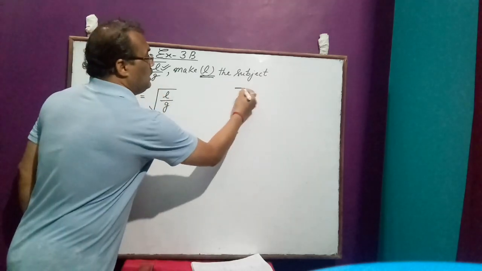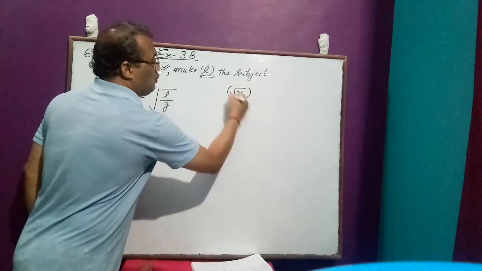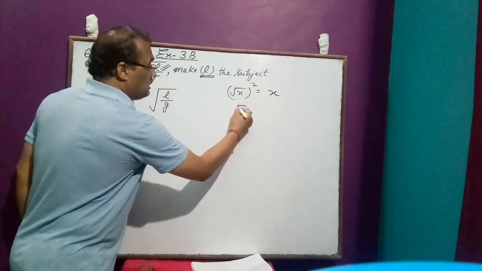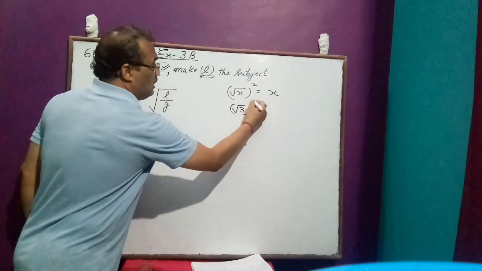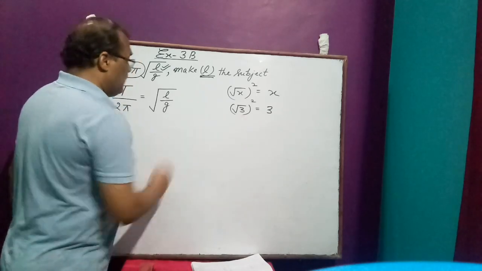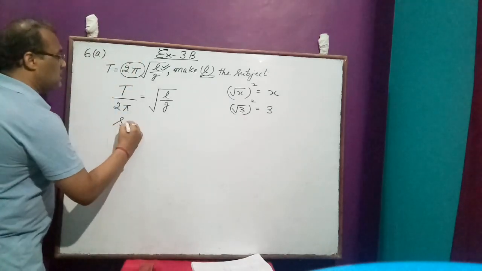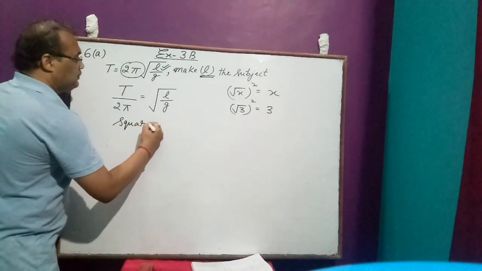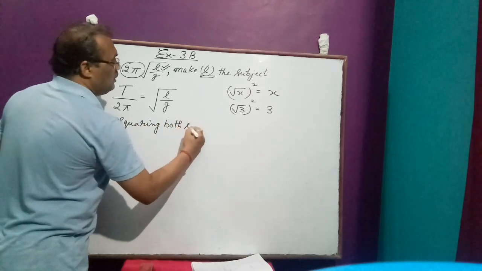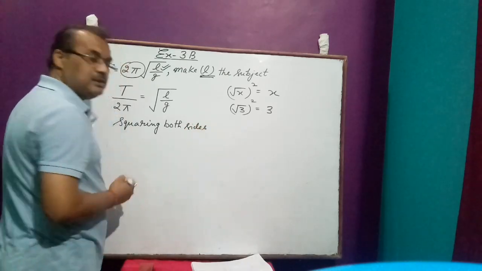Why? Because we know that if root x we make square, what it becomes? X. If root 3 is there and we make square, it is 3. Okay. So next step is squaring both sides.